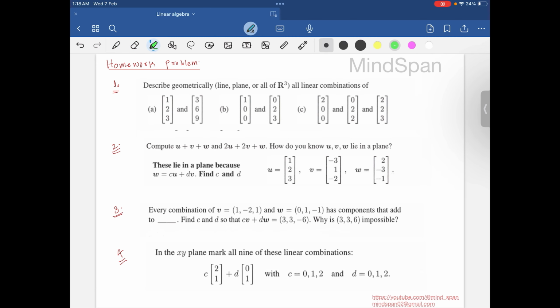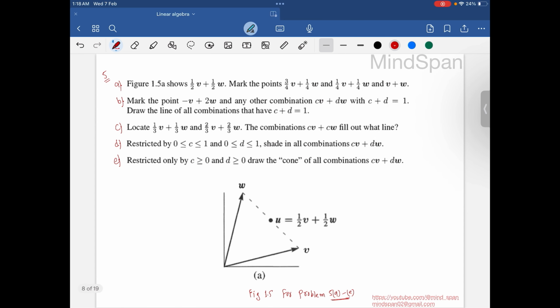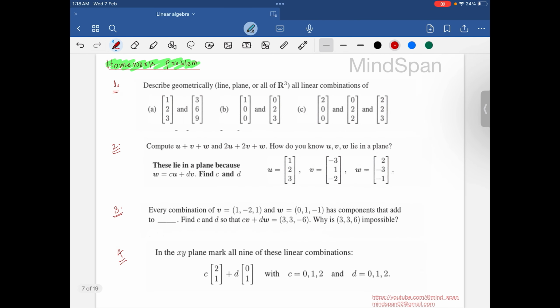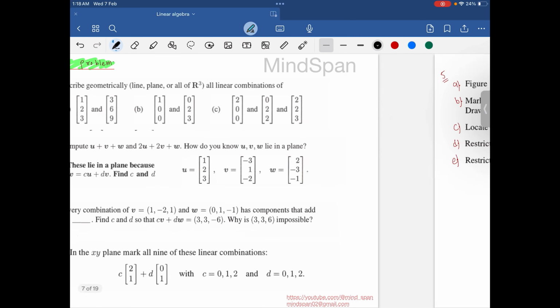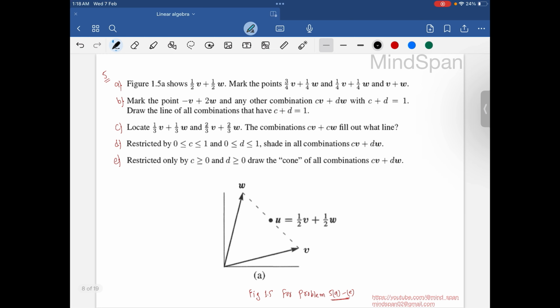Now, these are the problems that you need to solve. You can go through each problem and try to solve it. I would recommend that you definitely try the problems from question number 1 to 5, right?